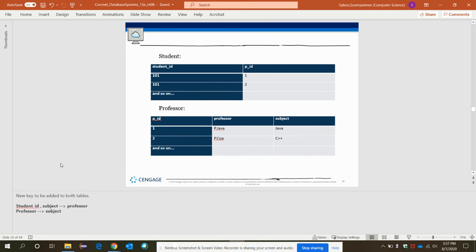Considering these two tables, PID determines student ID, it's in BCNF, and PID is our primary key, along with PID determining professor subject. Can we say PID determines the value of professor subject? Both of these relations and their functional dependencies are not denying the BCNF rule. Now they are in BCNF.